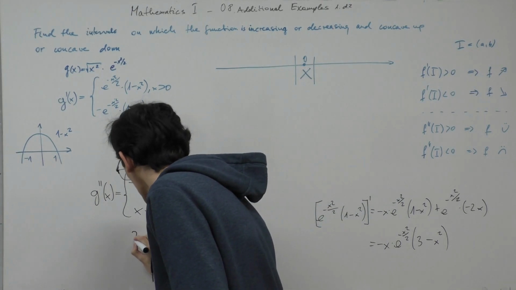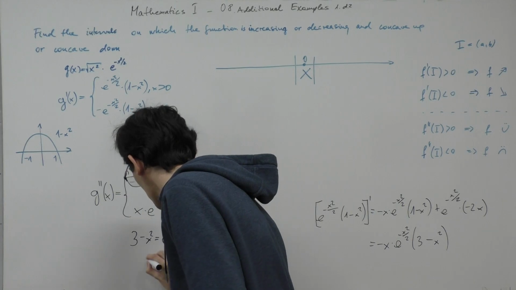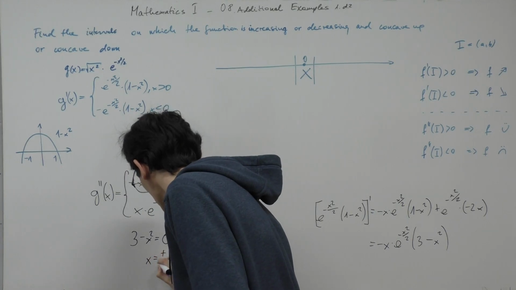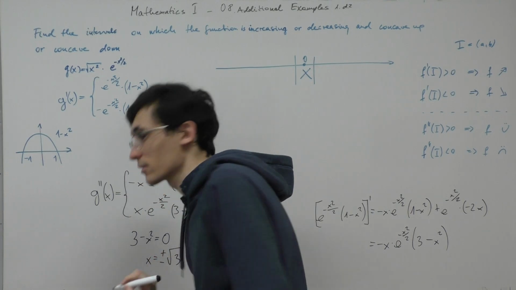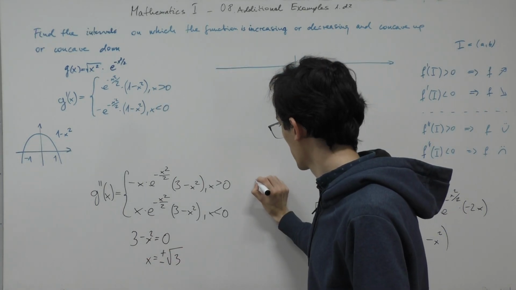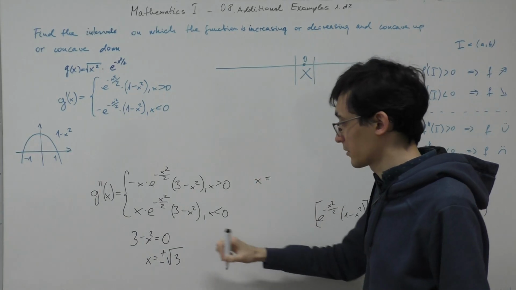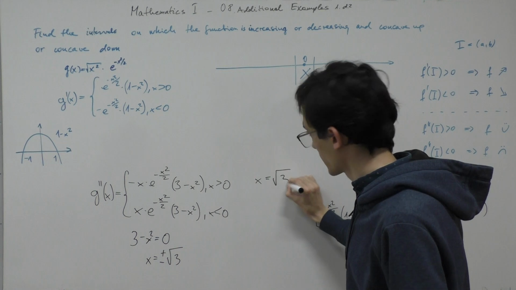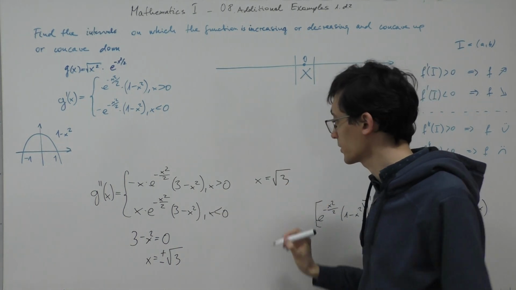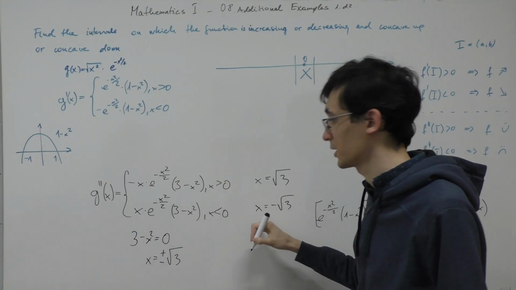So we need to solve 3 minus x squared equals 0, giving us x equals plus or minus square root 3. Of course, our critical points will be like so, with x equals the square root of 3 being in this part, and x equals the negative square root of 3 being in this part.